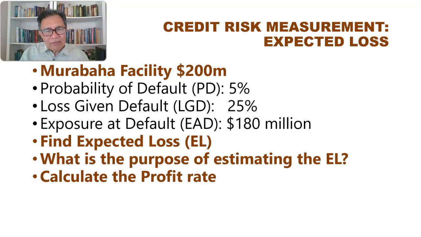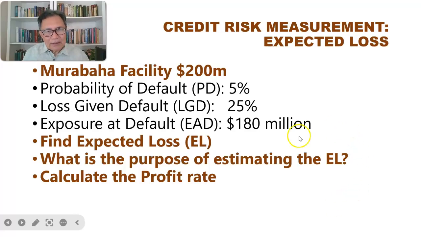So meaning that the facility is 200 million, but upon default, the balance of the loan or murabaha is 180 million, which is 20 million less.